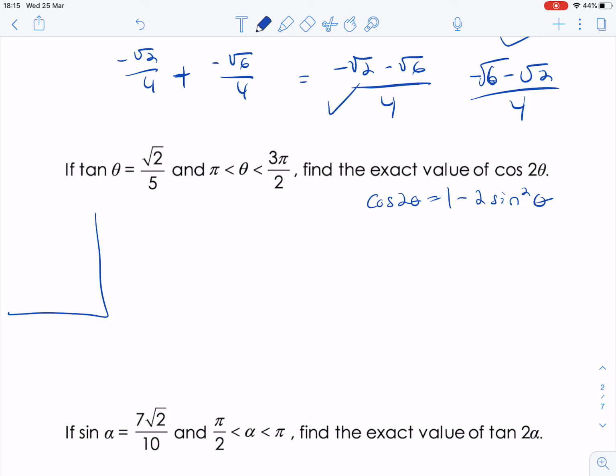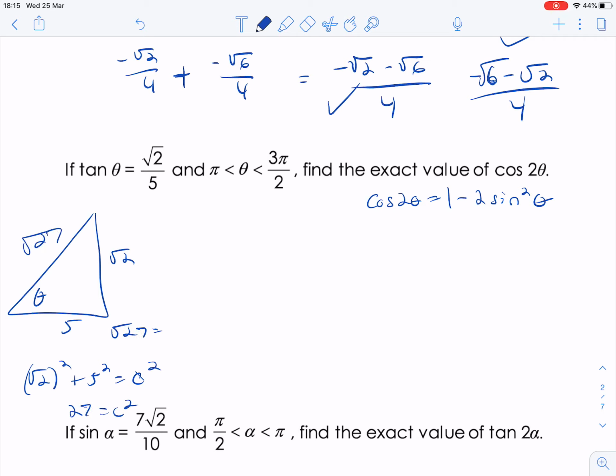So let's get our triangle. Square root of 2 squared plus 5 squared equals whatever squared. That's going to give us 2 plus 25, 27. So square root of 27. Square root of 27 is equal to square root of 9 times square root of 3, 3 square root of 3.